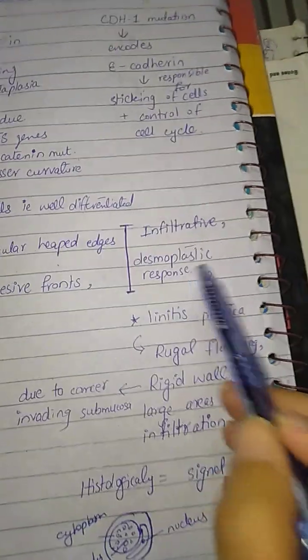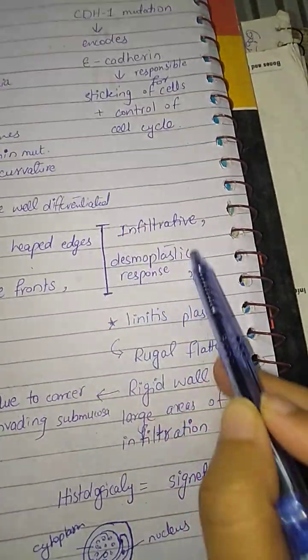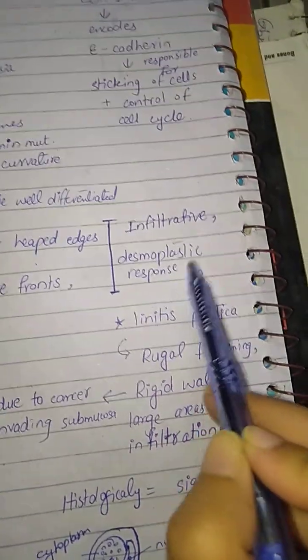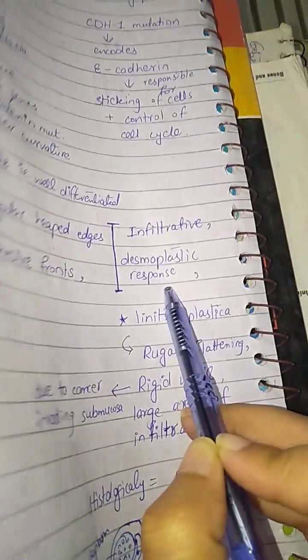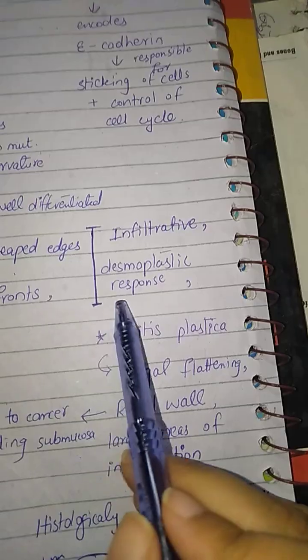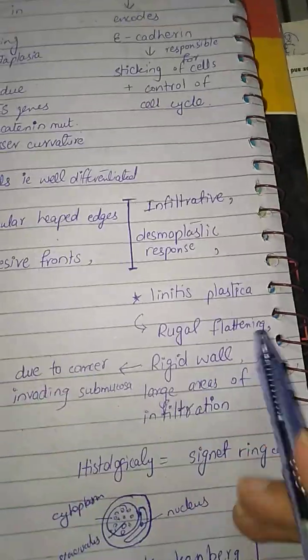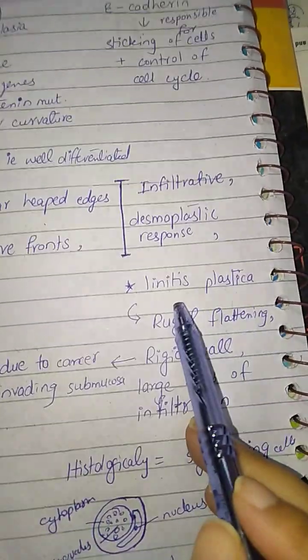Morphologically it appears as infiltrative, and there is a generation of desmoplastic response, which means that cells lose their shape, orientation and size, and they will be completely disfigured, which means desmoplasia. Coming to the next point is the Linitis plastica. What is it?